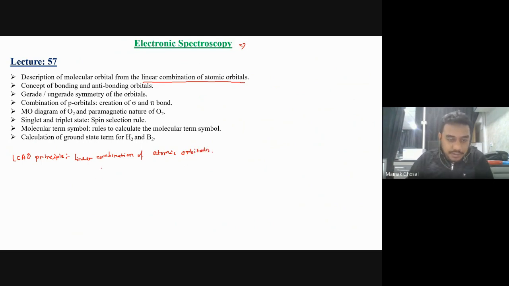Suppose I have one s orbital and I have another s orbital. This will give me like this. Okay, this is linear combination.